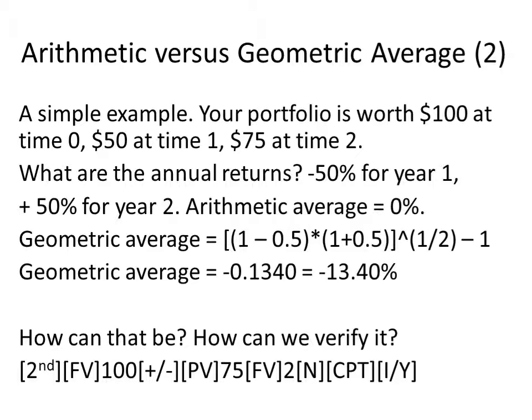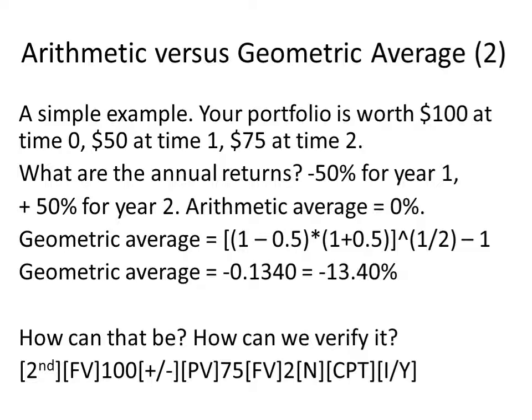We can verify it. Get your calculator out, and first of all, do your second future value. That clears out the time value of money register. And then we want to put in 100 and hit that plus minus button and present value. And then we will do 75 for the future value.